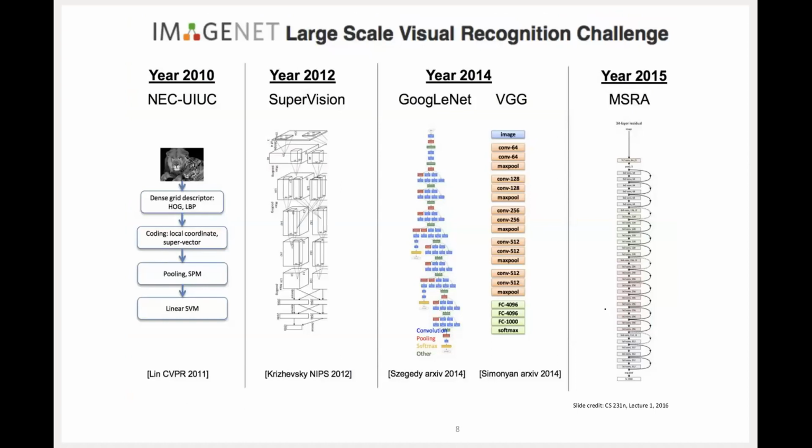For this classification challenge, you can see the winners over the years. This is 2010 by NEC UIUC, this is 2012, SuperVision, by Geoffrey Hinton's group. This one is Google-led, in 2014. This is MSRA, Microsoft Research Asia.